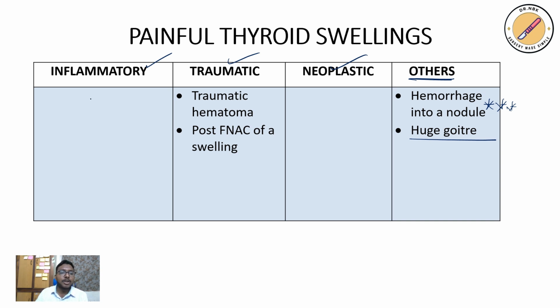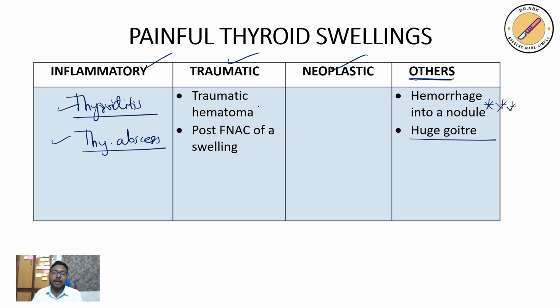Now coming to inflammatory swellings, that is thyroiditis, which will be very painful. Very rarely you can get a thyroid abscess in immunocompromised people. Coming to trauma, rarely you can get a hematoma. Then one common scenario where you can get pain in the goiter is post FNAC.